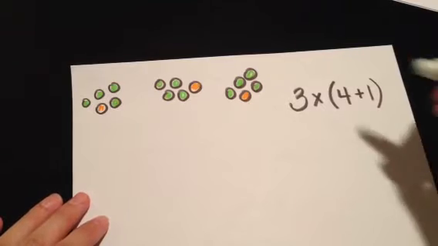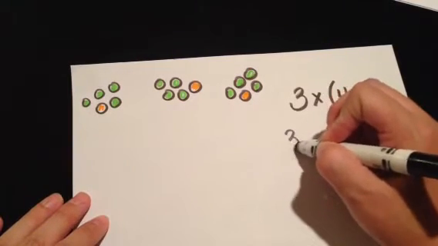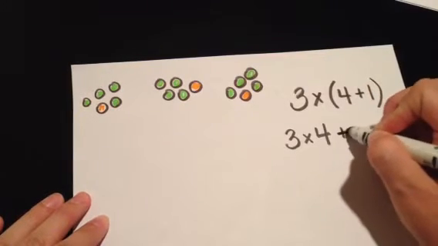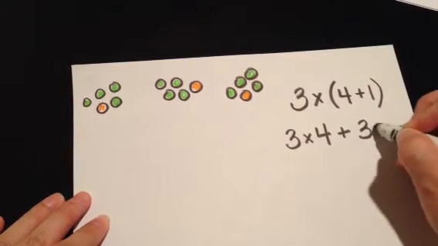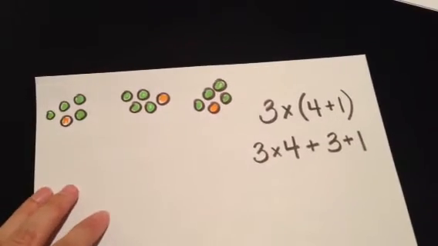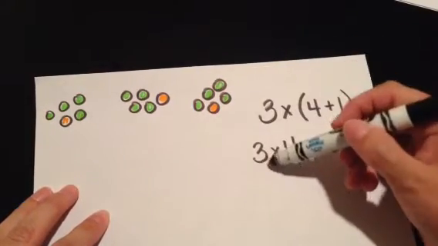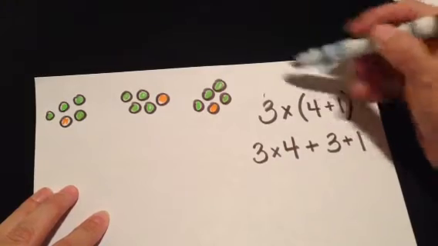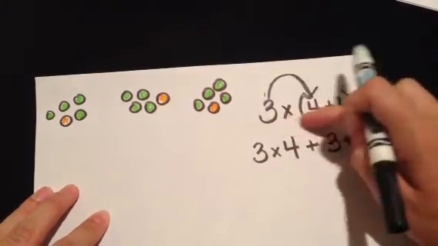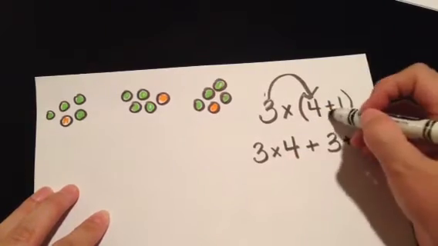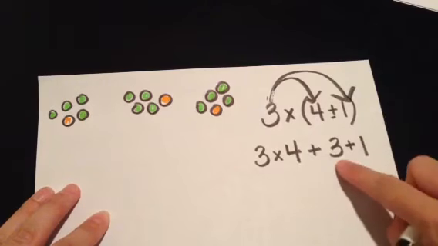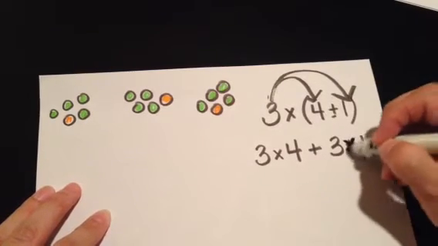Again, maybe you saw this differently, and you saw that there were 3 groups of 4 green circles, plus there were 3 groups of 1 orange circle. And again, the bottom expression is the distribution of the top. So if we use the distributive property, we can say that 3 times 4 plus we distribute and get 3 times 1. Oops, that should be a multiplication sign.